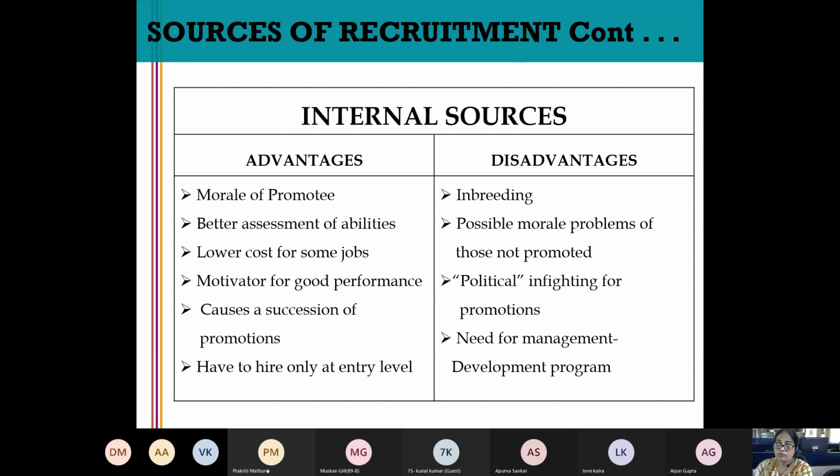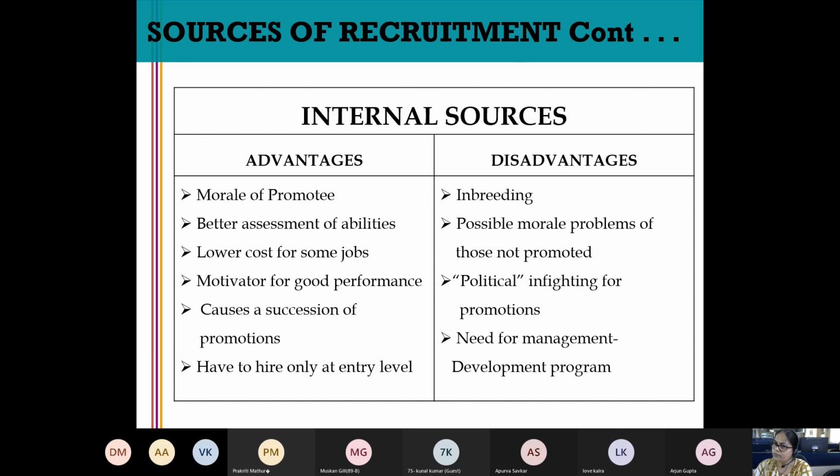So when you are recruiting internally, the cost is saved. It is actually a motivator, as people feel there are chances of promotion, and that's why they keep putting in more effort to take up those promotional chances. Because of succession of promotion, you have to hire only at the entry level. These are the advantages.